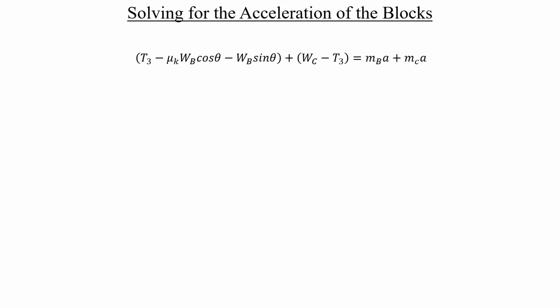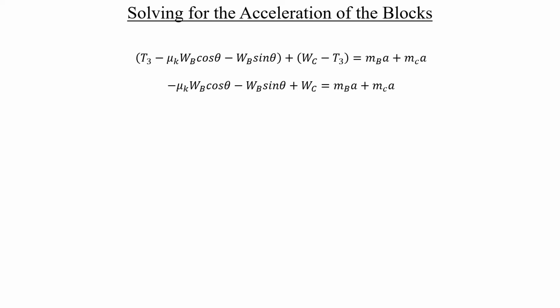Notice that our tension 3 is going to cancel out because we have a positive term of that here and a negative term of that here. So when we get rid of that, here's what that looks like. Before we move forward, let's do ourselves a little favor and save on some work.